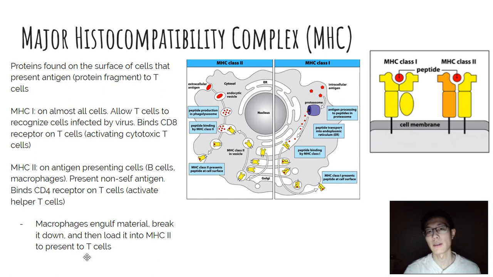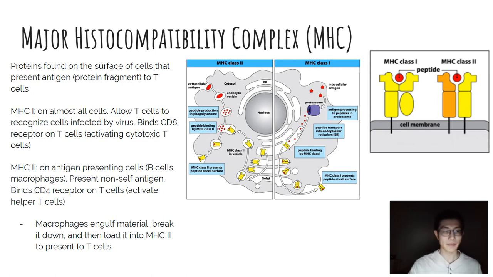So you have a macrophage that engulfs maybe a virus or a bacteria, and it presents the proteins of that virus or bacteria to the surface, and that allows T helper cells to come in, bind to it, recognize it as something bad, and then signal, for instance, for B cells to make some antibodies or some kind of a memory B cell in order to help mediate a humoral response in this case, whereas MHC1 often targets more of a cell-mediated response. We're going to talk a little bit more about this in probably the adaptive immunity video, so that's something for the future.